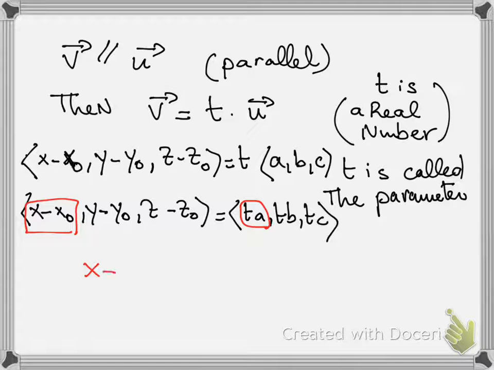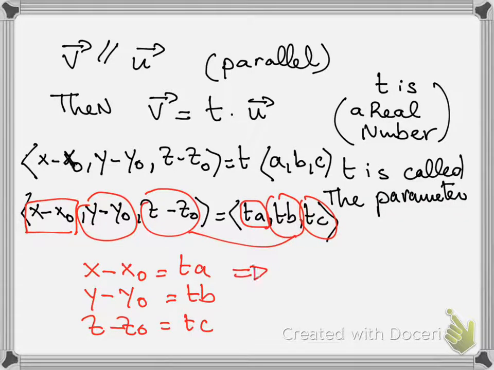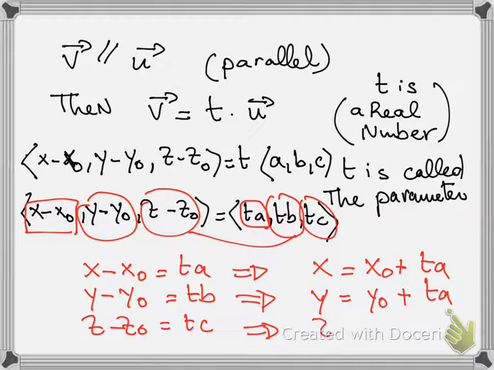So x minus x0 is equal to ta, y minus y0 is equal to tb, and z minus z0 is equal to tc. In other words, x is equal to x0 plus ta, y is equal to y0 plus tb, and z is equal to z0 plus tc.